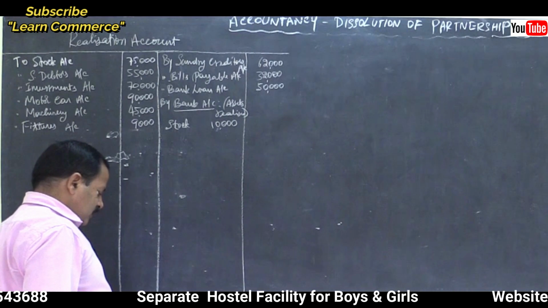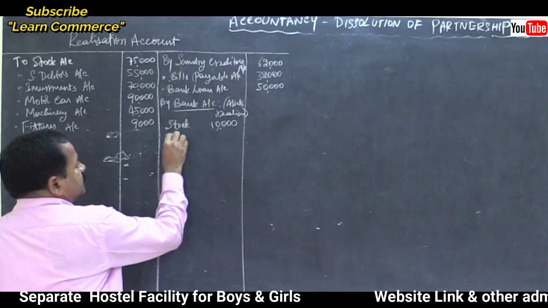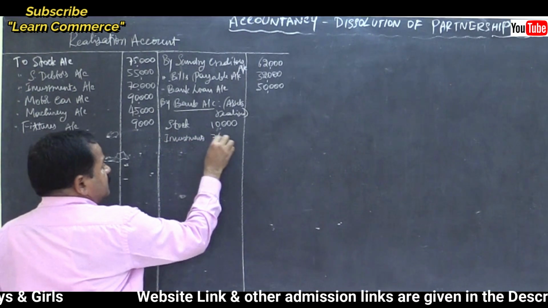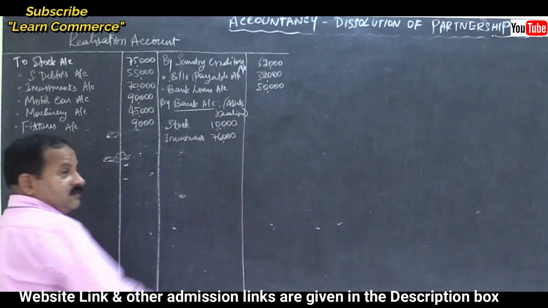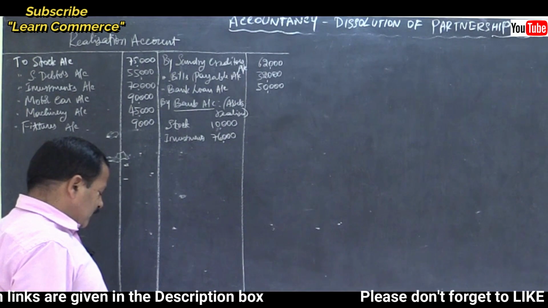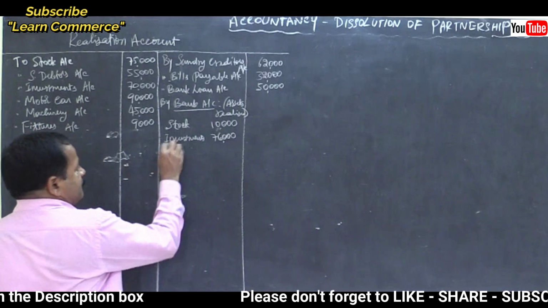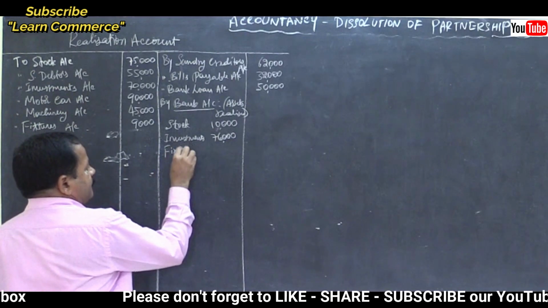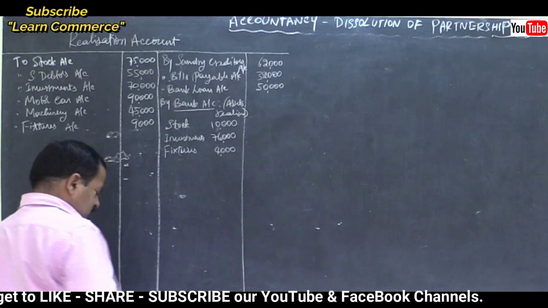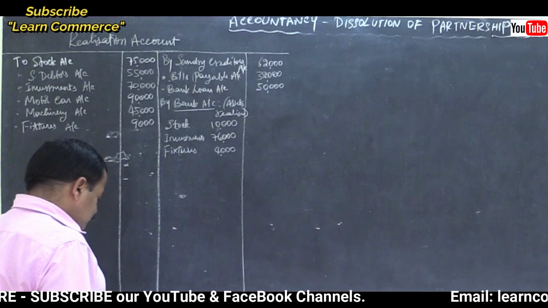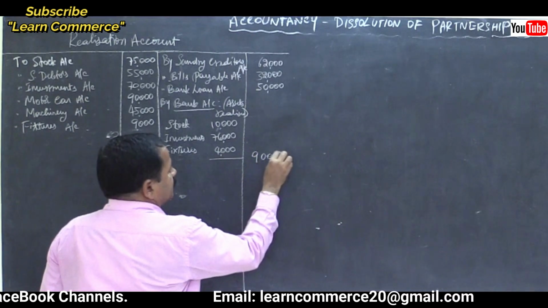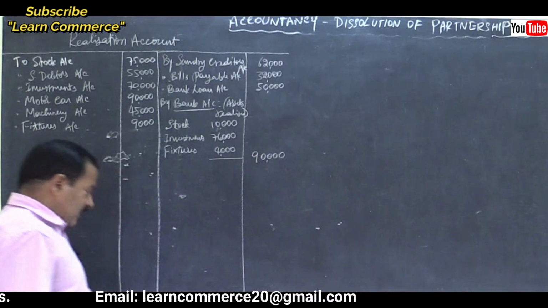Then investment 76,000. Fixtures 4,000. That's all. Added together 90,000, right?